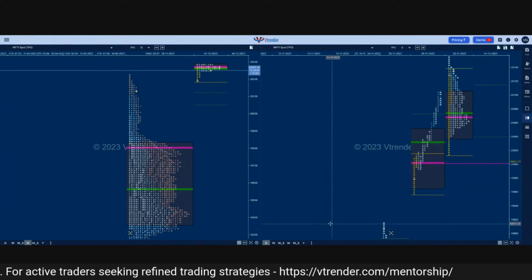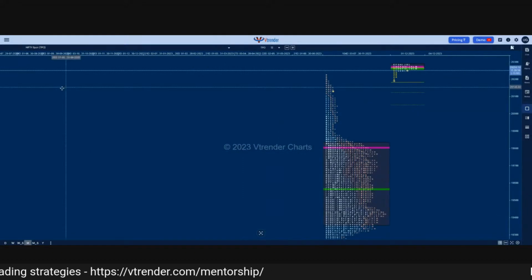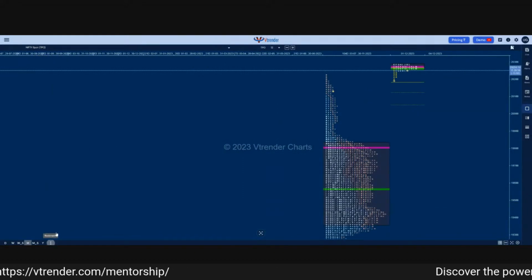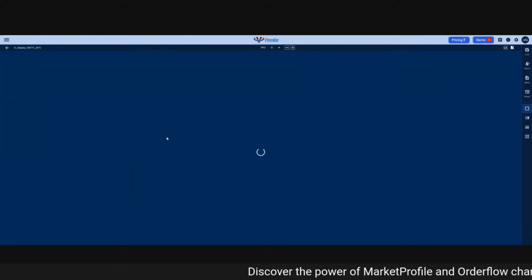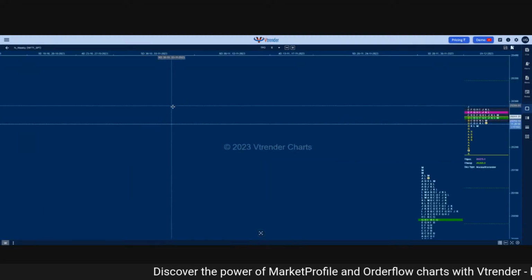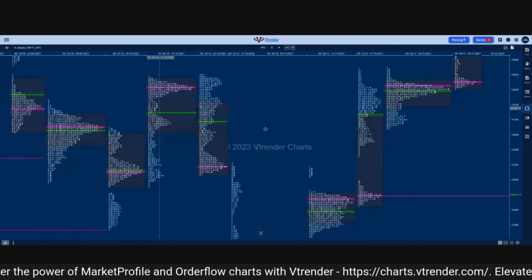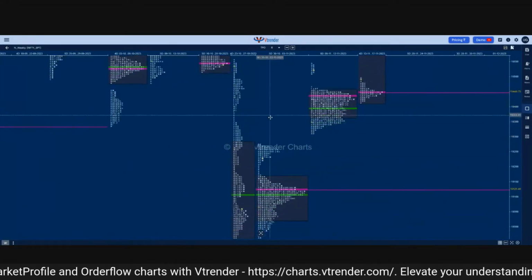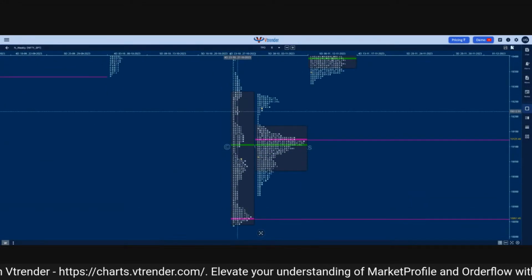So I'll quickly show you the weekly chart also. I'll just get back to a single screen. The weekly charts are nothing but a combination of 5 days of profiles, which helps us to see what is happening on the weekly time frame. So I'll just quickly go to the October profile where we made those lows.